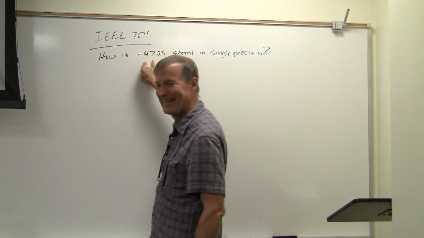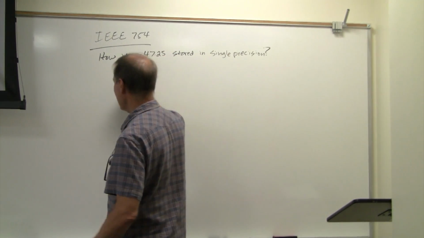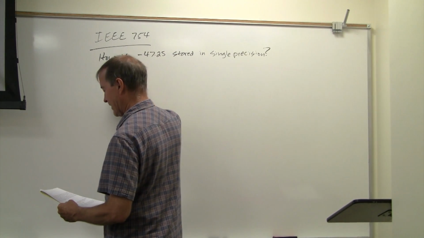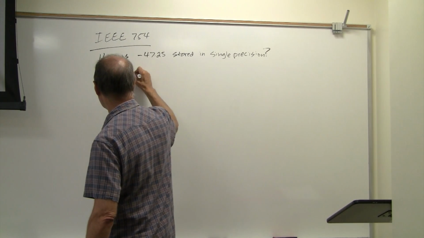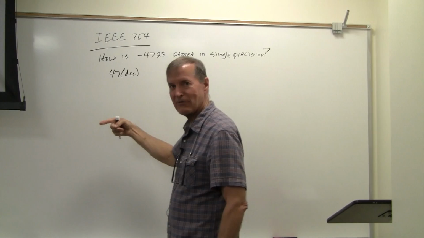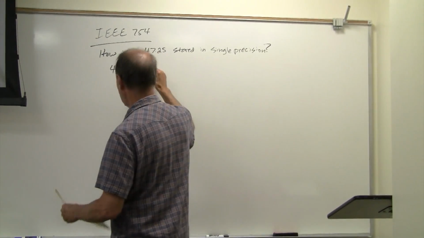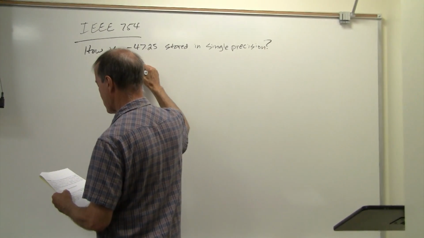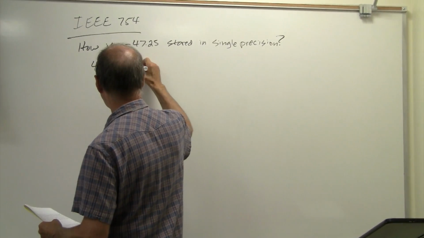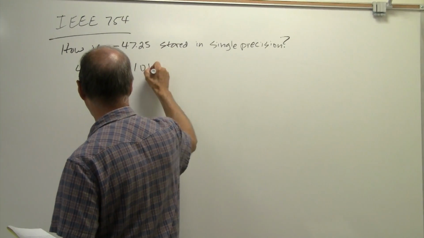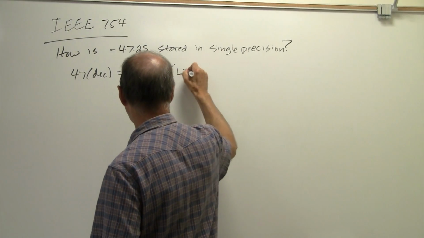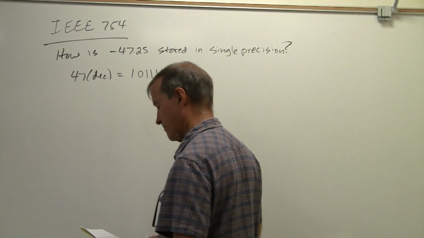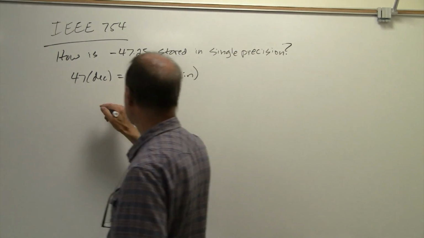Probably not. If you work it out, you successively divide by 2 and take the remainders. But if you work it out, 47 is 101111 in binary.